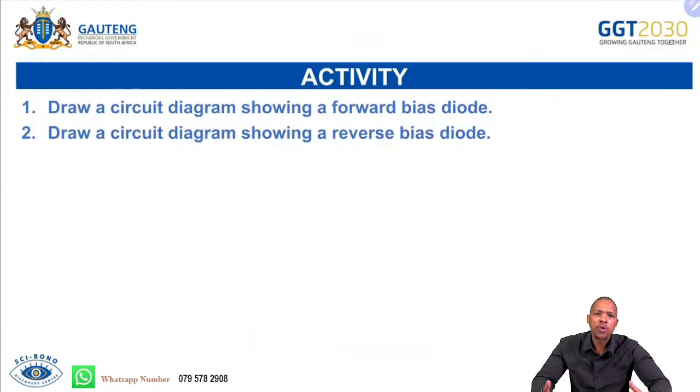Your circuit diagram can have a resistor or a light bulb. You can add those things, or you can choose not to, as long as there's a diode showing forward bias and a diode connected in reverse bias. Grade 12, your time starts now.